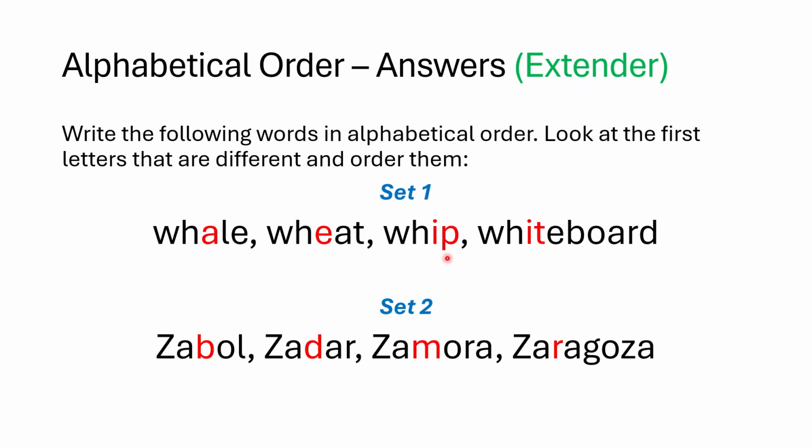The fourth letter in whip is P. The fourth letter in whiteboard is T. P comes first, then T.